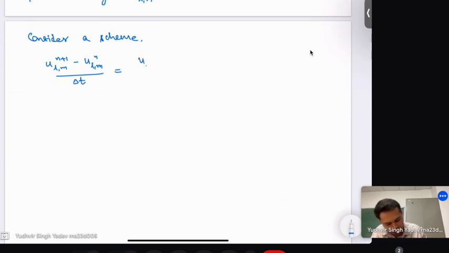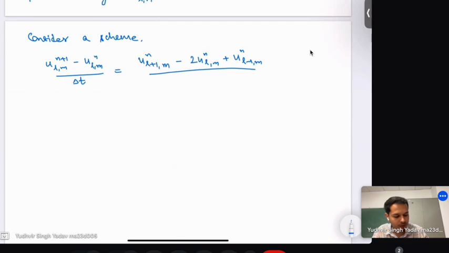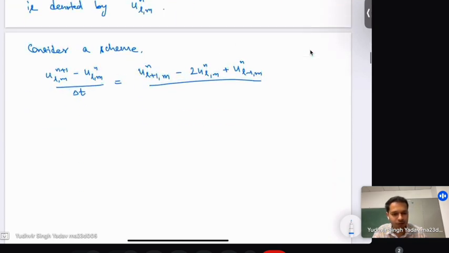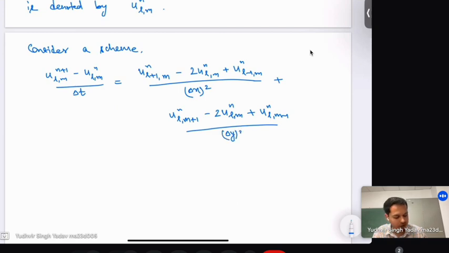So it will be u(l, m, n+1) minus u(l, m, n), and we are applying the second order central difference formula with respect to the x direction, u(l+1, m, n) minus 2u(l, m, n) plus u(l-1, m, n), divided by delta x square, plus similarly for the y dimension, with u(l, m+1, n) minus 2u(l, m, n) plus u(l, m-1, n) divided by delta y square.